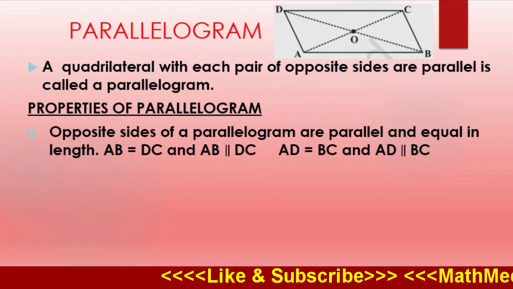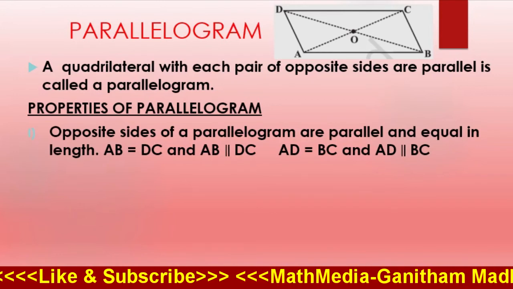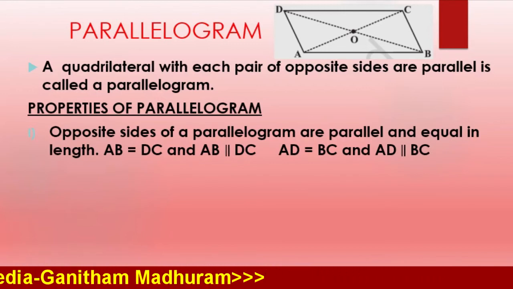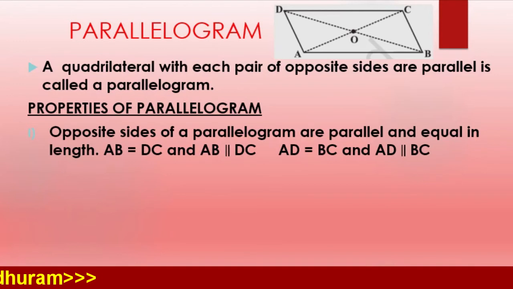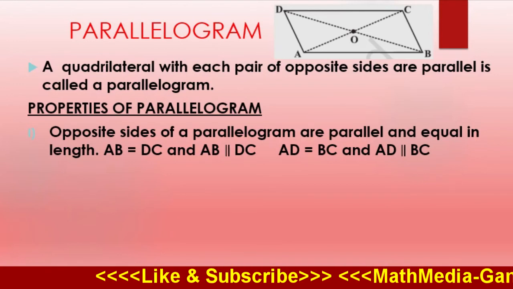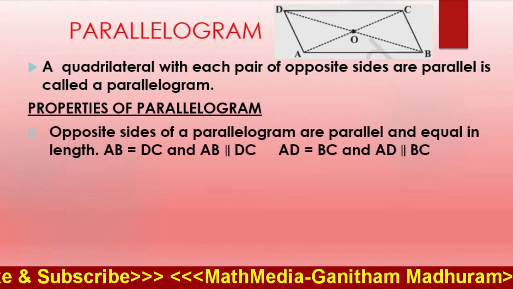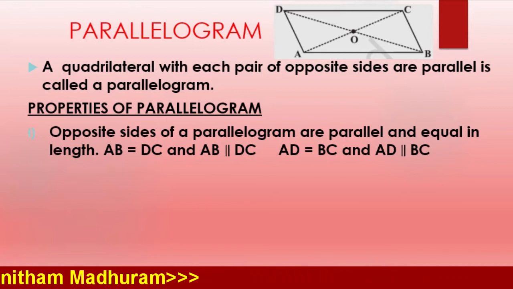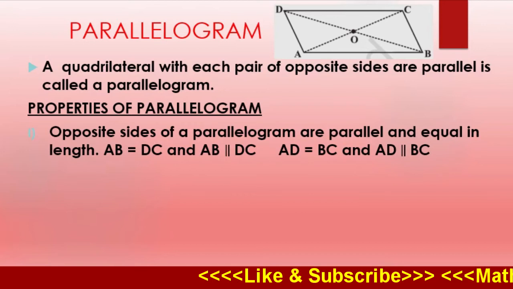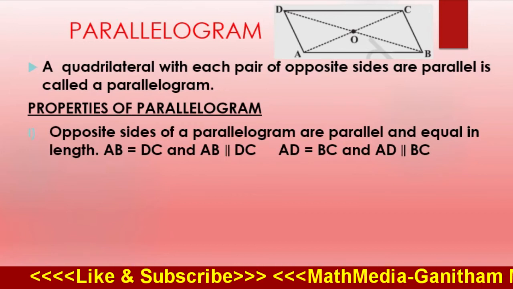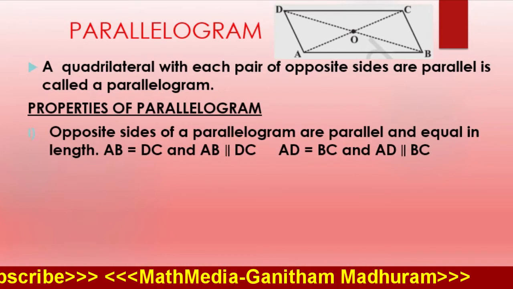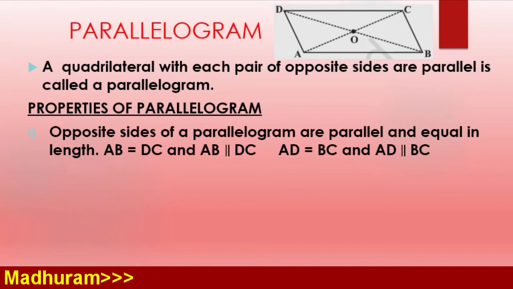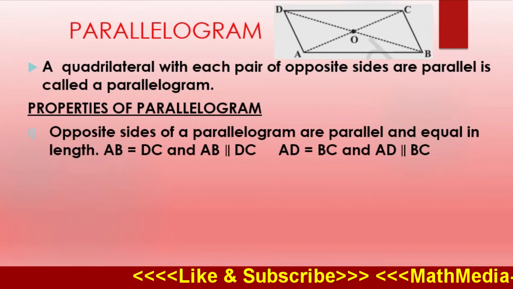Look at the figure. ABCD is a parallelogram and AC and BD are its diagonals which intersect at the point O. So, by using the first property, we can write AB equal to DC and AB parallel to DC. Similarly, AD equal to BC and AD parallel to BC.